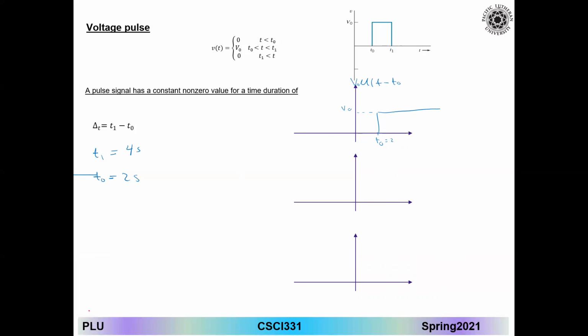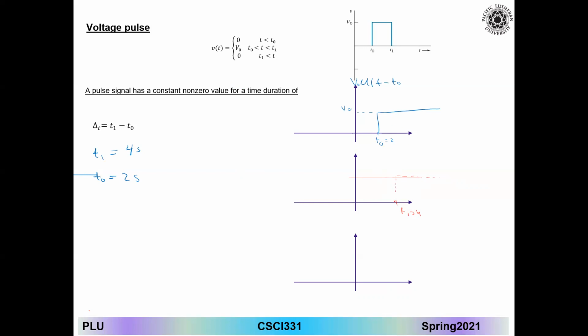But look at the magnitude, V0 as well. Let's draw it to scale. Here is t1, which in this case equals 4. But imagine, guys, if I multiply it by V0, I end up with the positive pulse, like this shape.